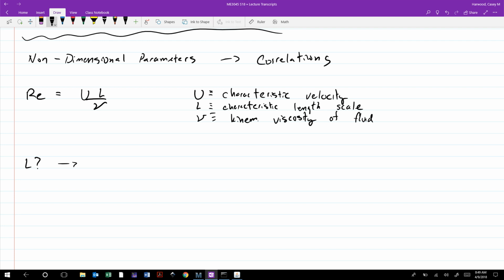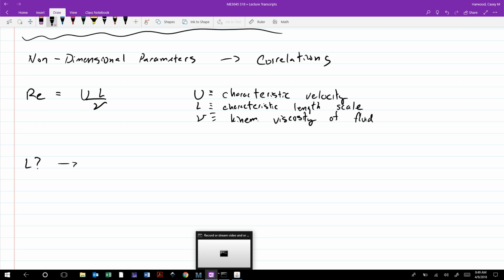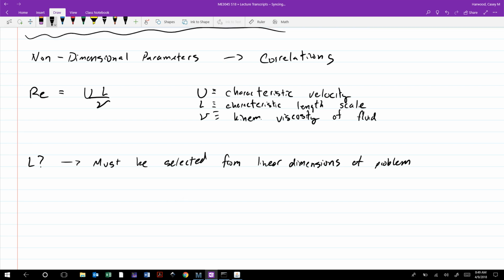Use that as L. All right, so L must be selected from linear dimensions of the problem, and the saving grace here is that this will usually be obvious.